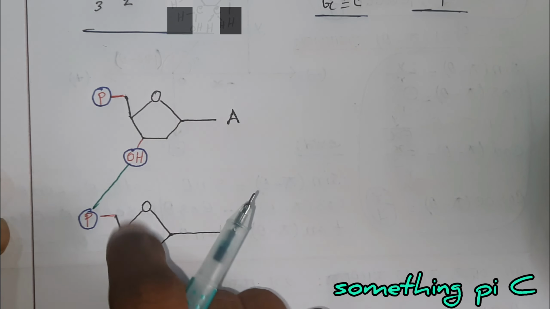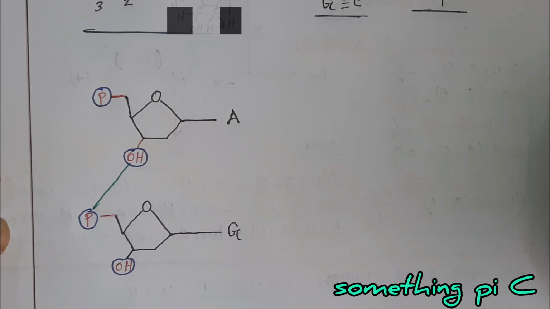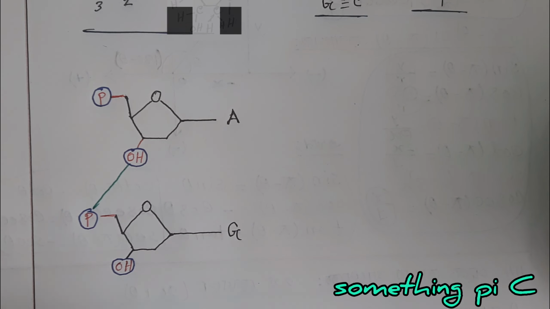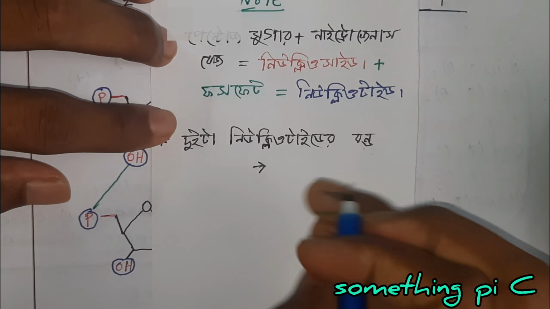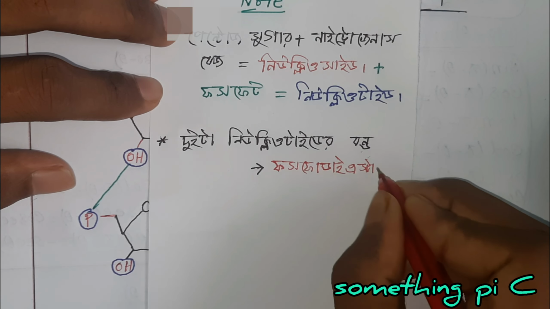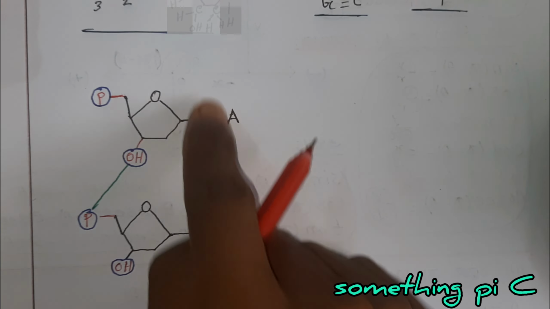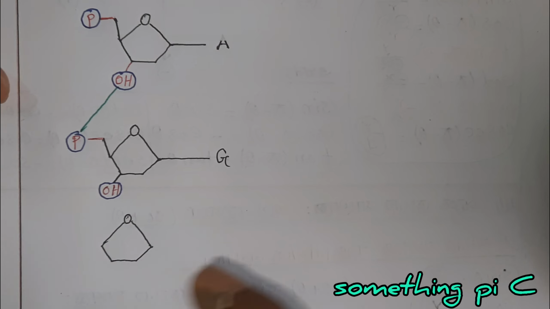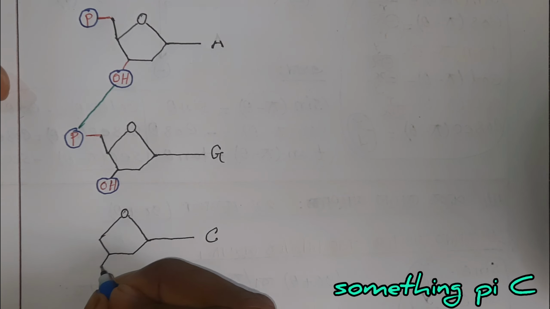The OH group on carbon number 3 in the first nucleotide and the phosphate group on carbon number 5 in the second nucleotide will be connected with a bond, and this bond is called phosphodiester. So we can say that one nucleotide is connected with another nucleotide with a phosphodiester bond.